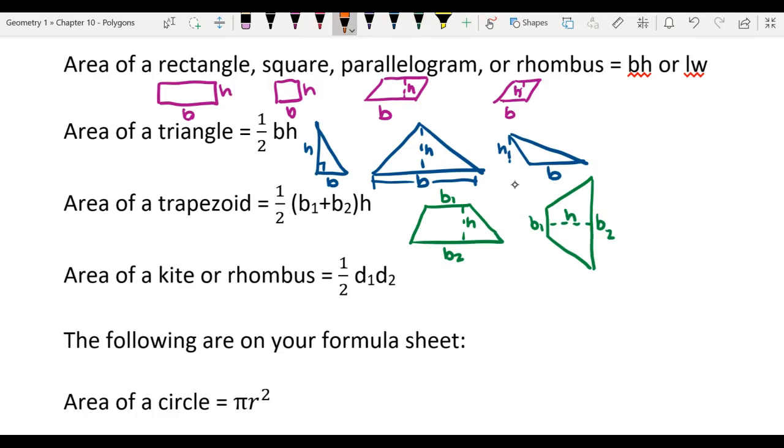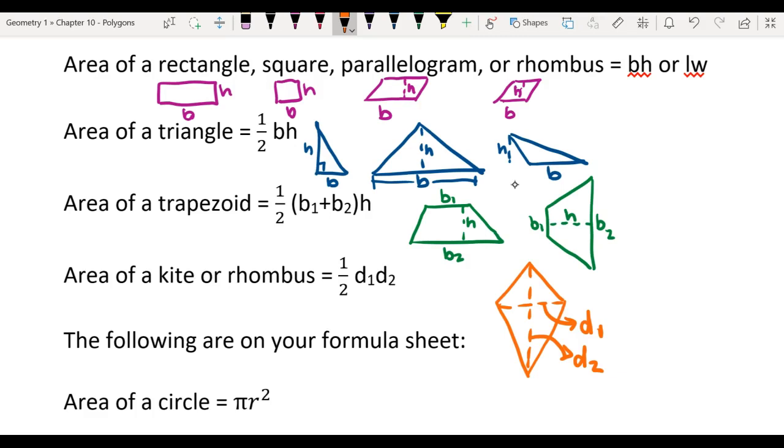So, for example, if you have a kite and they bring these dashed lines through, D1 is one of your diagonals, D2 is the other one. So D1 and D2 are your diagonals of your shape. So those 4 are the ones you need to have memorized. We're going to use them here in a second, but is there any questions about the formulas in general?